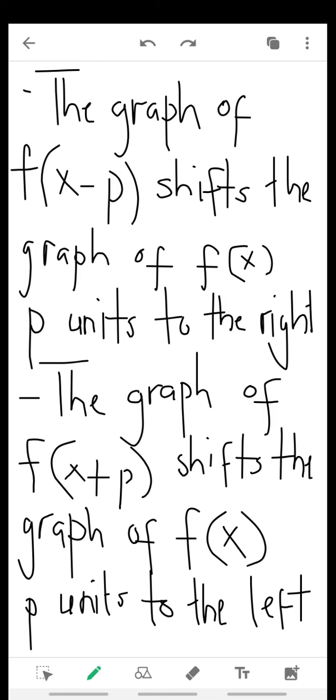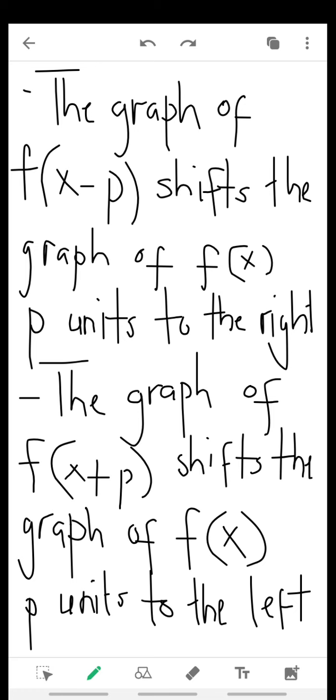The graph of f at x minus p, very, very important, will shift the graph of f p units to the right. Meaning when I equate this part to 0 and solve for x, I will get x equals positive p. So that will be a horizontal shifting, and in this case it will be to the right by p units.